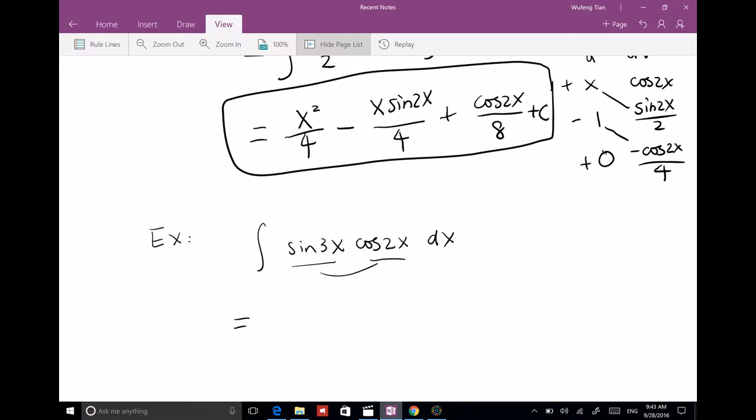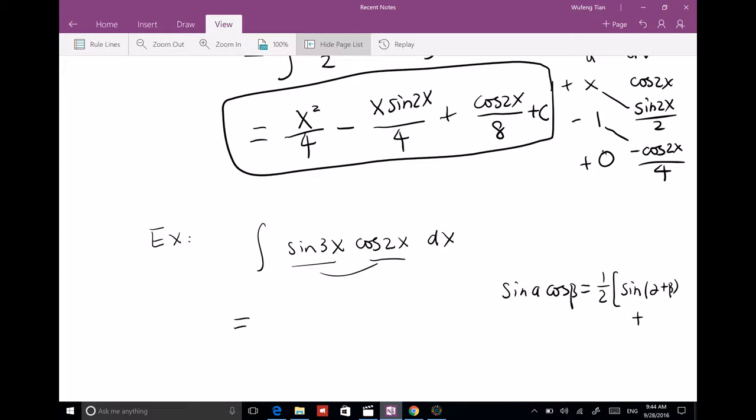But we do have a formula to combine these two functions. Does anyone still remember that sine alpha cosine beta equals what? It's half of sine alpha plus beta.